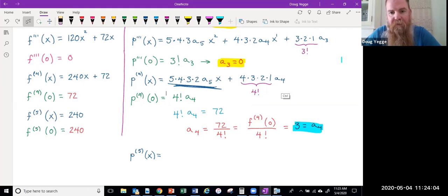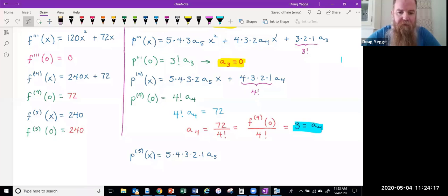So all that's left is that the 5th derivative is 5 times 4 times 3 times 2 times 1 times a5, which implies that the fifth derivative at 0 is equal to 5 factorial times a5.